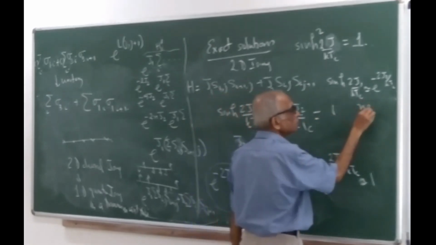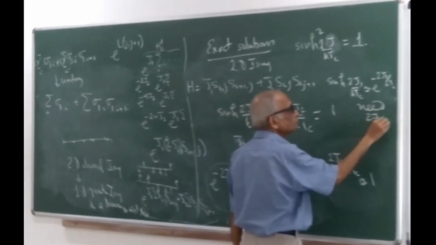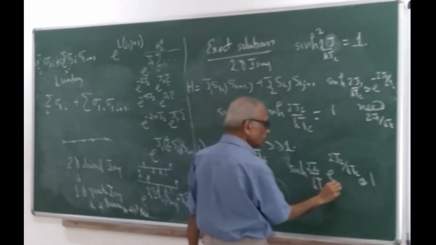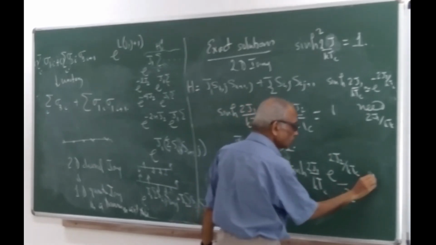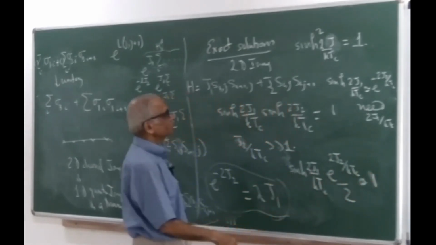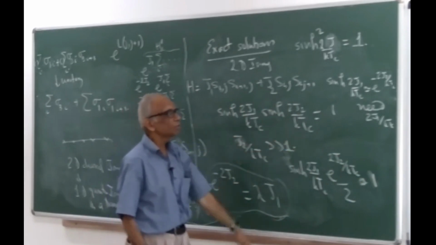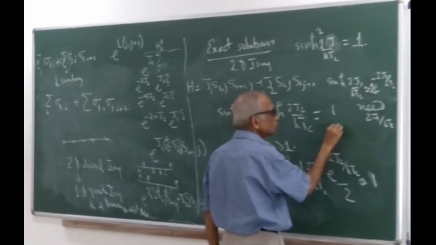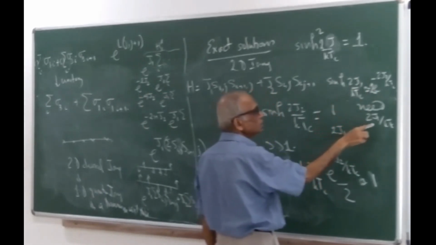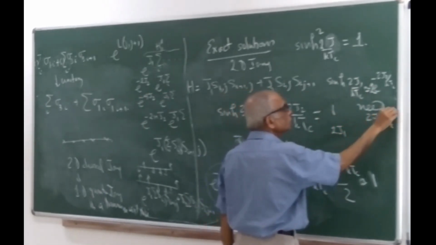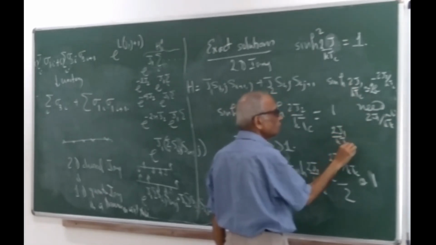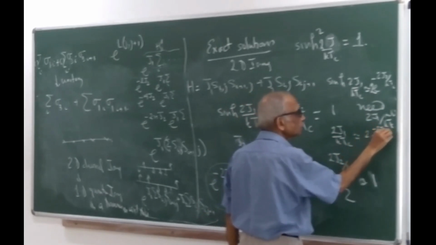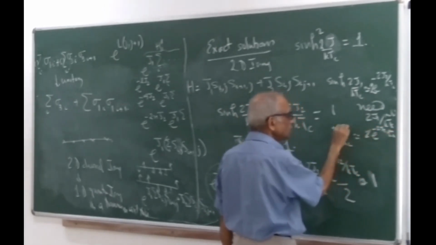So we need 2J1 by KTC small; there should have been a 2 somewhere, since it is sinh. So 2J1 over KTC is very nearly 2e to the power minus 2J2 over KTC. The 2's cancel.